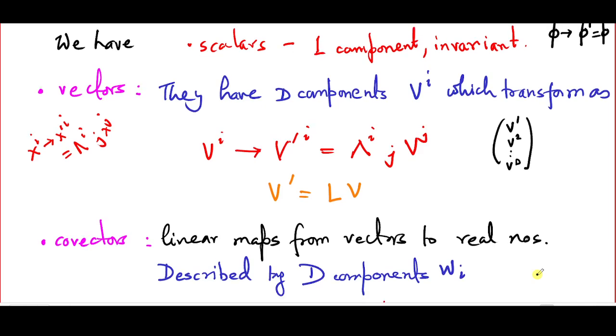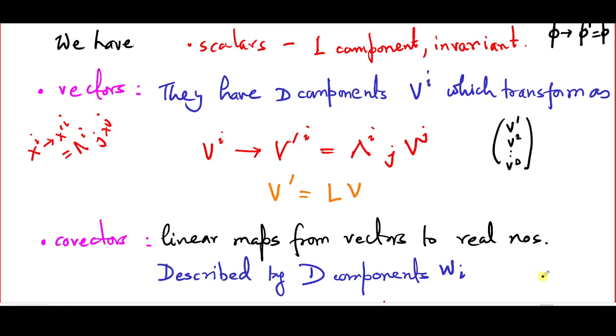And for a covector w, you write the components as wi: w1, w2, w3 and so on. But this time you use the index downstairs. So you write the index as a subscript and not a superscript. Vectors, like coordinates, have indices which are upstairs. Covectors have indices which are downstairs.